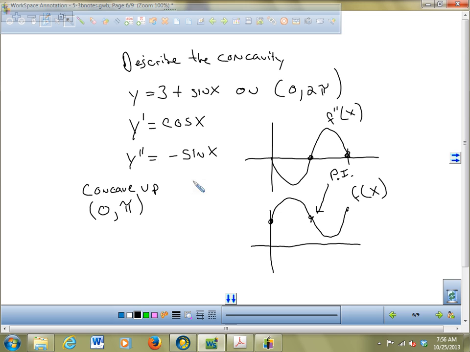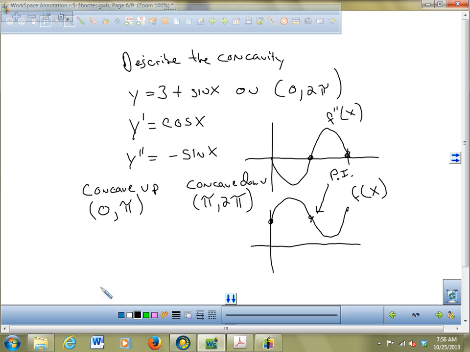And then you would just say concave down on pi to 2 pi. That's all if they ask you to describe. And there's a pi right there.